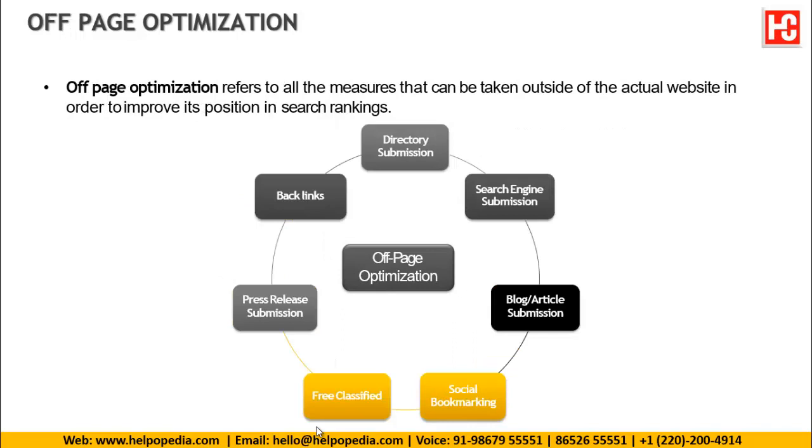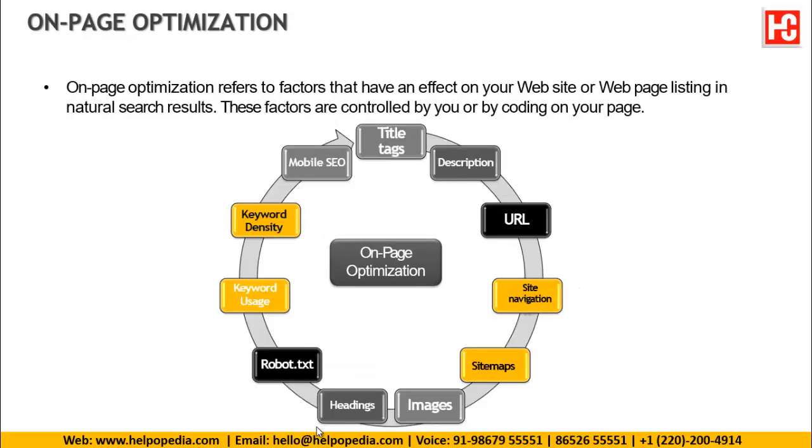It means we have to work on our website with respect to all the factors mentioned here: title tags, description, URL, site navigation, site maps. We work on all these things on our website so that it will come up in the search engine.